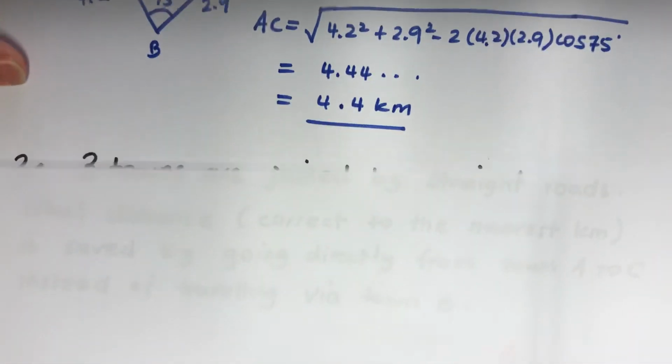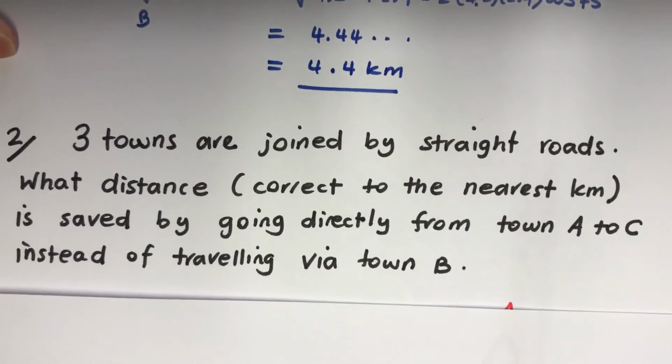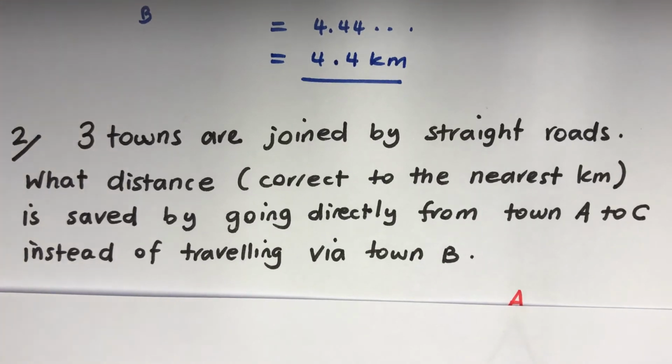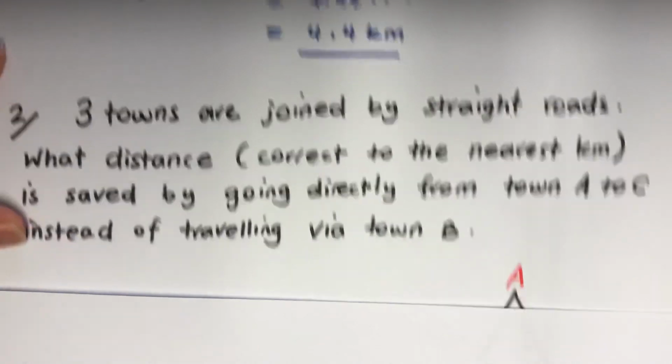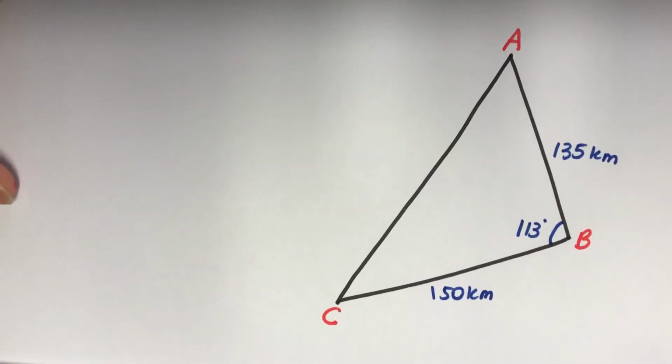Excellent. Now, next question says, 3 towns are joined by straight roads. What distance, correct to the nearest kilometer, is saved by going directly from town A to C instead of traveling via town B? Now this is the map of the roads.